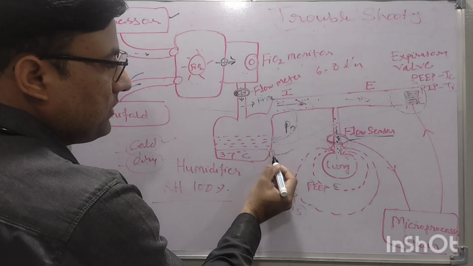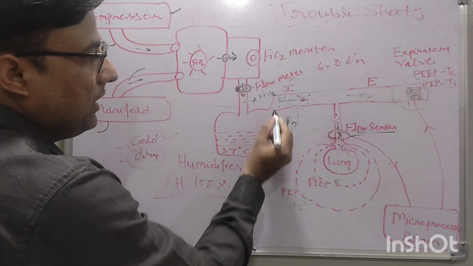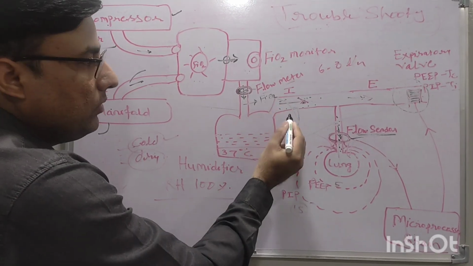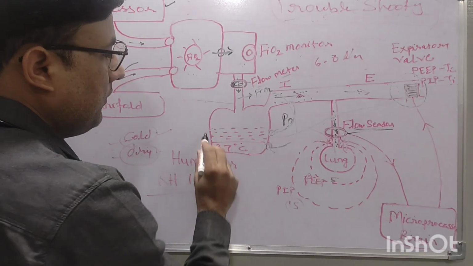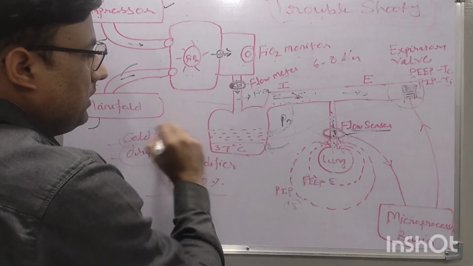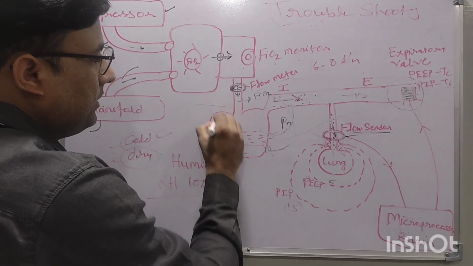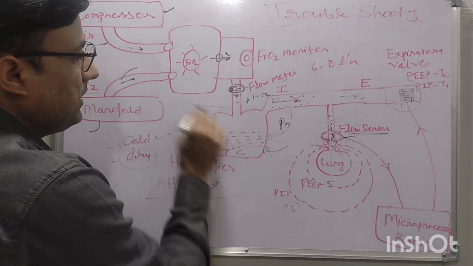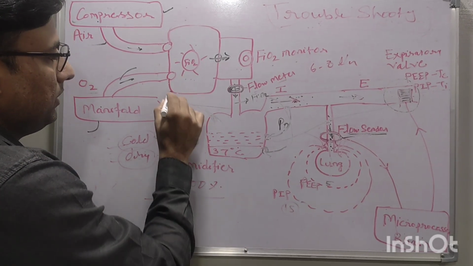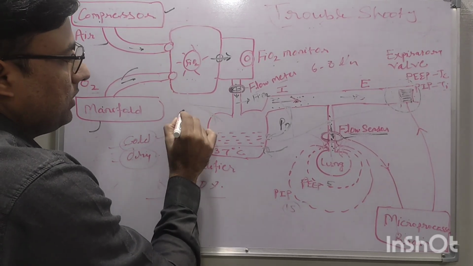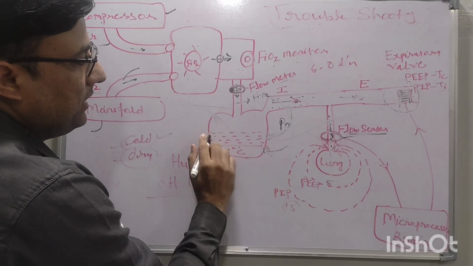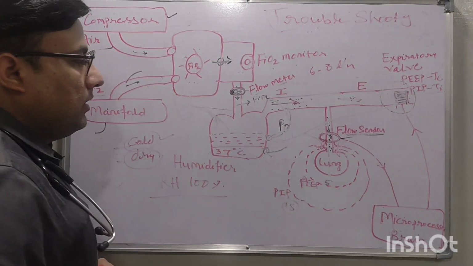So we have to fix these probes properly. They should not be loose. Water should be filled. Here is a distilled water filling chamber with a port, we have to hang the distilled water bottle and this will suck distilled water automatically.